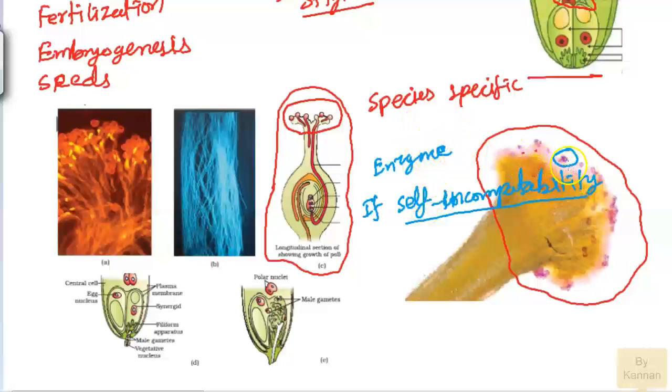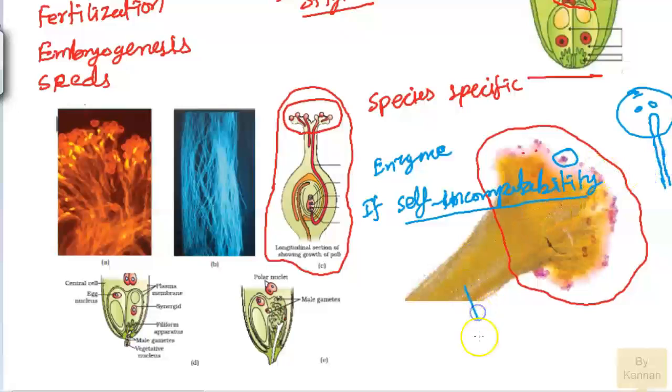Then just consider the pollen grain is accepted by the stigma since it is of the same species. Now, in this pollen grain, you can expect two generative cells and one tube cell. The tube cell begins to grow through the pore in the pollen grain. It starts growing inside the style.